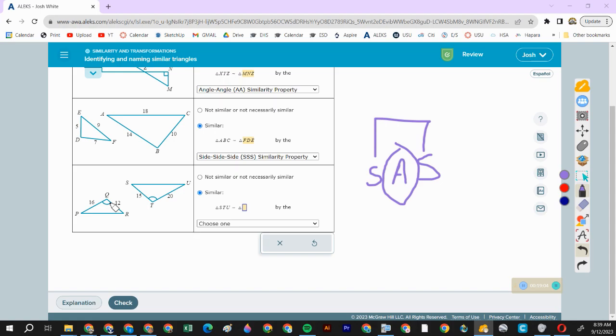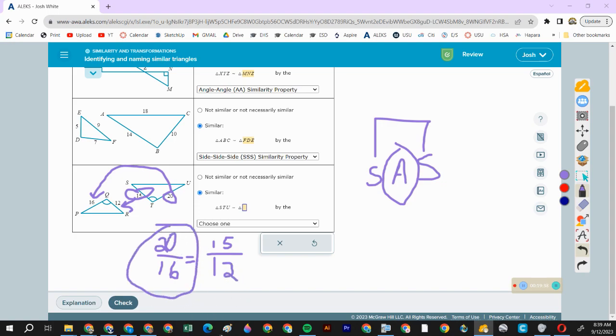So here we have the angle between the two sides and the angle between the two sides. And then we have to check, are those sides proportional? So is the long one divided by the long one equal to the short one divided by the short one? So 20 divided by 16, is that equal to 15 divided by 12?